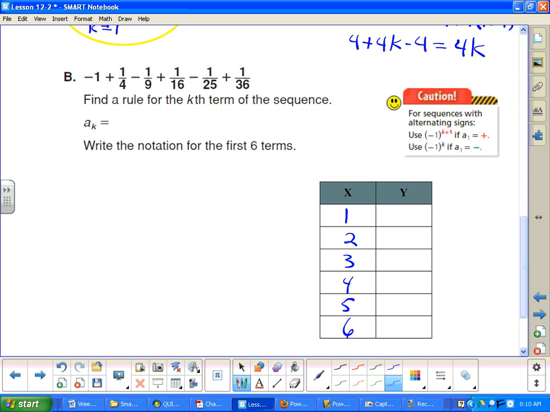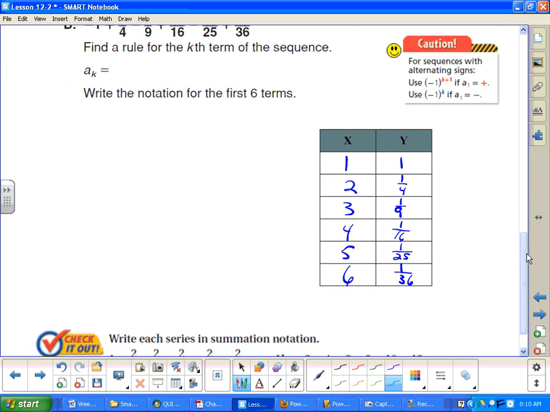And so we have 1, 1/4, 1/9, 1/16, 1/25, and 1/36. So if all we pay attention to is those numbers, how does our term number, 1 through 6, how is it located in our term values?